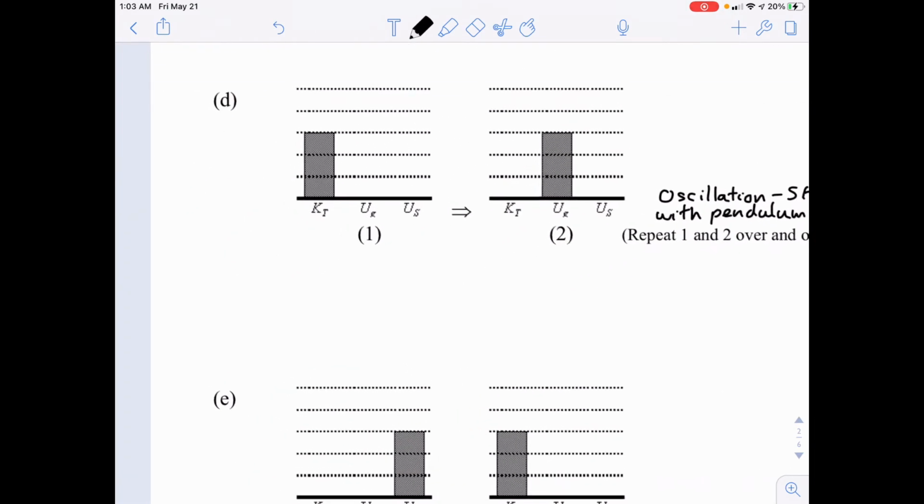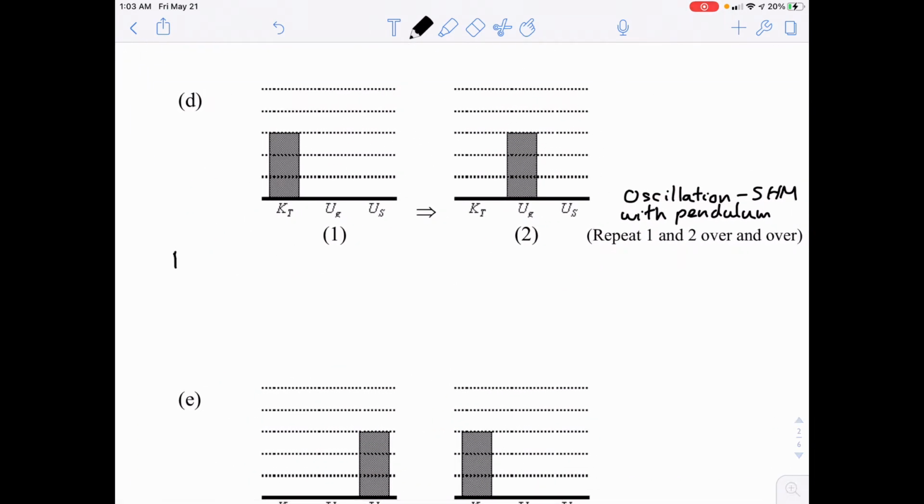Okay, so description-wise, we can write a pendulum is at rest at the equilibrium position.